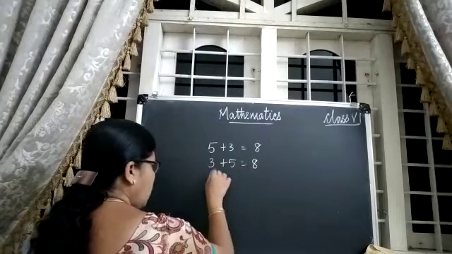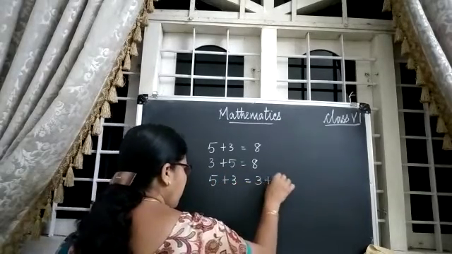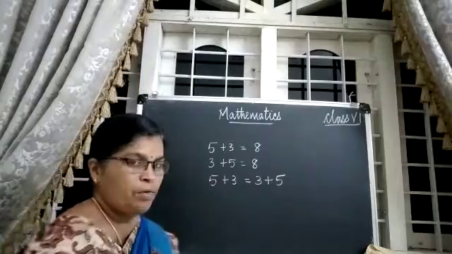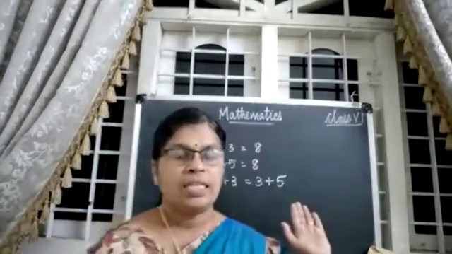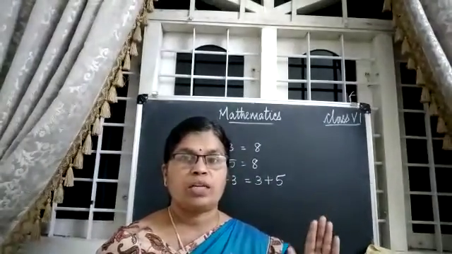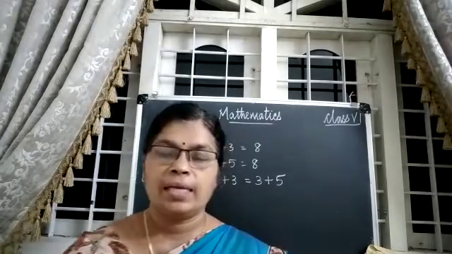So that means 5 plus 3 equals 3 plus 5. Both are the same. This is true for all whole numbers. Whatever whole numbers you take, this commutative property is true. That means two numbers can be added in any order, and the sum remains the same.